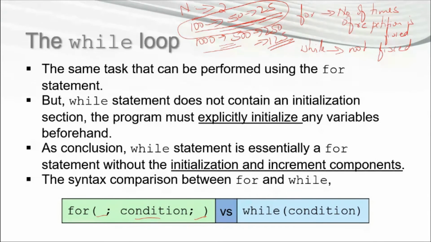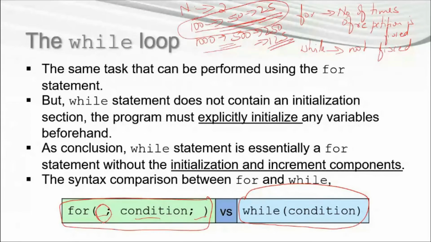So that is something like this: for, then semicolon, condition, semicolon. If this is the for loop, then this can be replaced completely with a while condition, because inside the while condition the variable is to be initialized somewhere else.